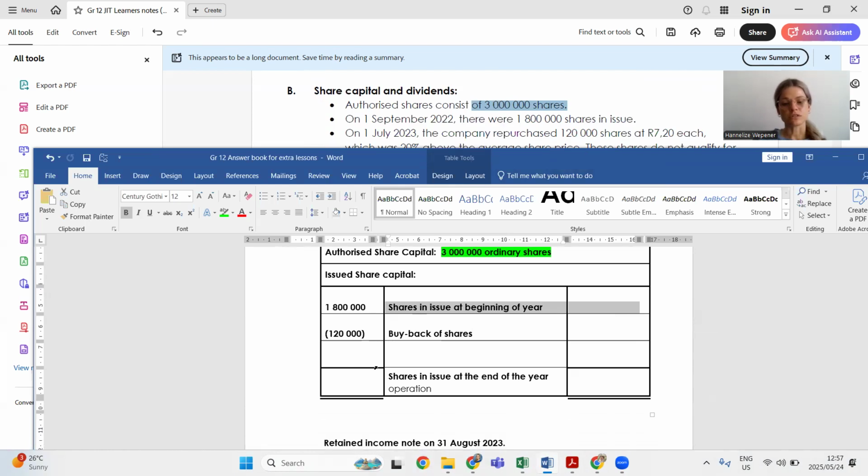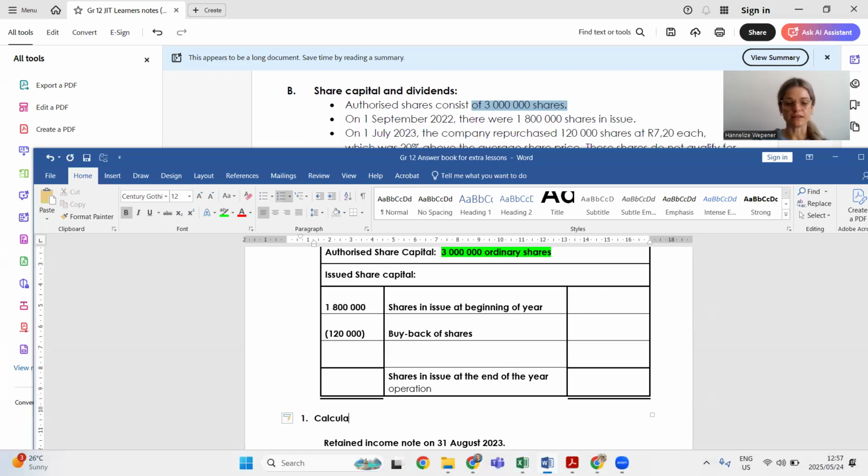So it's important to note the steps when you do a buyback of shares. Number one is you first need to calculate the average share price on the buyback or then repurchase date. Because you have now included in this ordinary share capital account the price at which you issued the shares, you can only remove from this account whatever you included in this account.